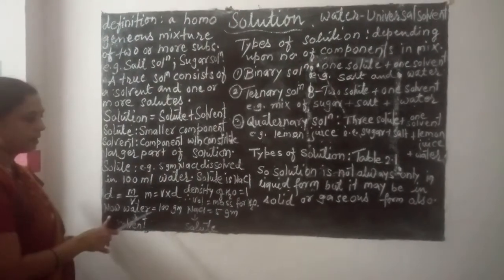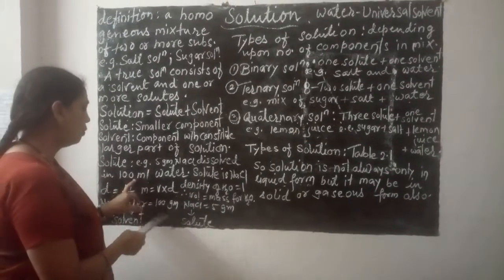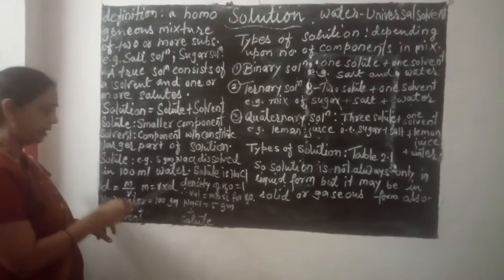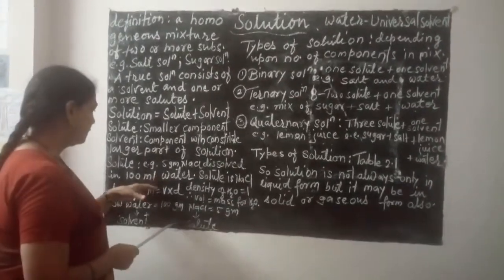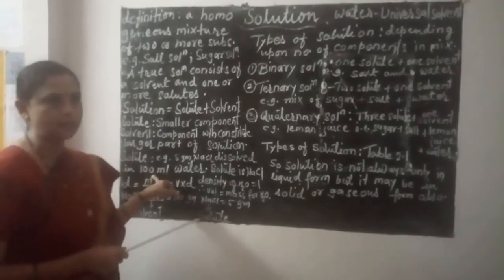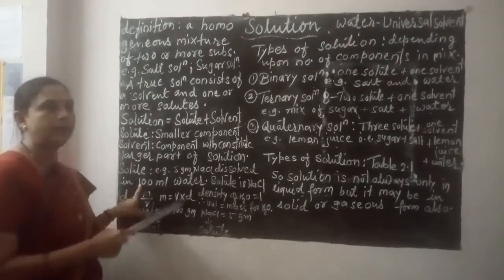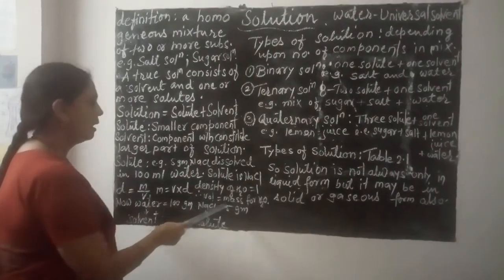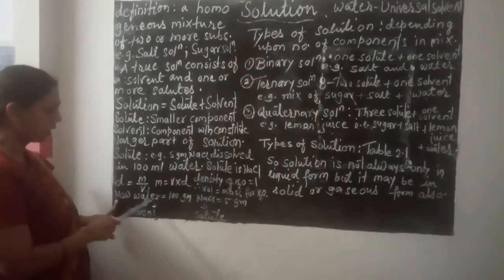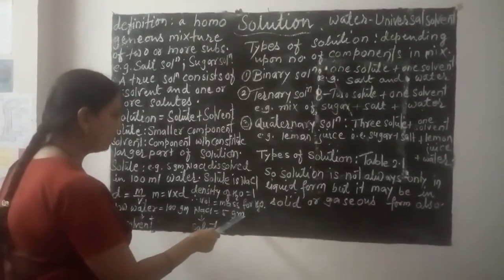So water is 100 ml in volume, and therefore you can write the mass as 100 gram. Means in this case water as a solvent, volume 100 ml, becomes equal to mass 100 gram, and therefore I have written here water is equal to 100 gram and NaCl is equal to 5 gram.